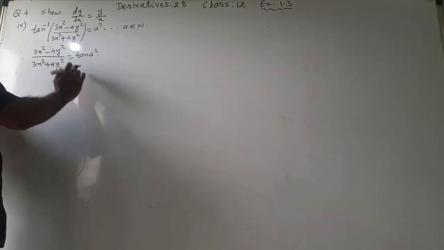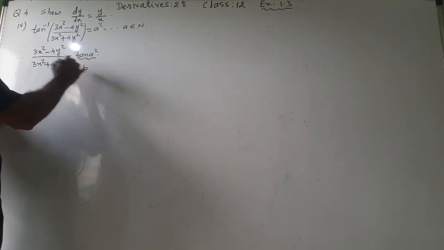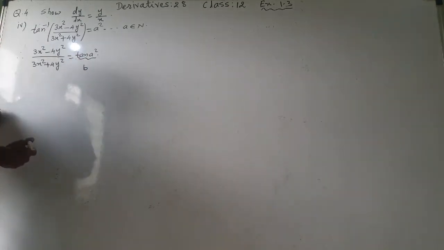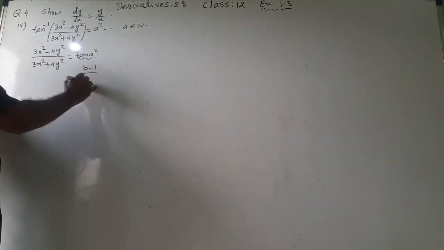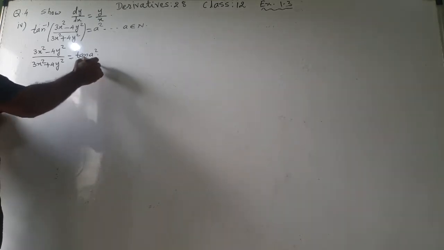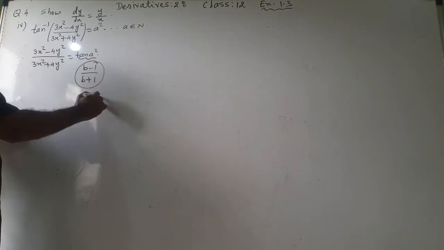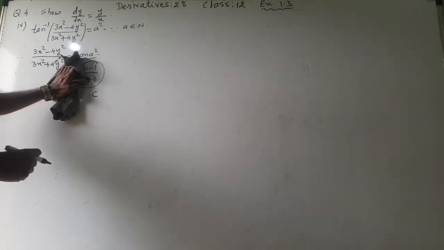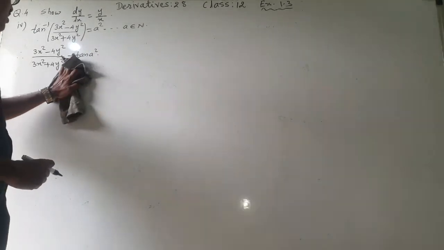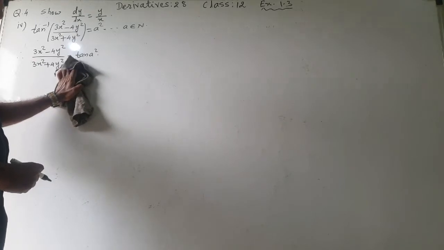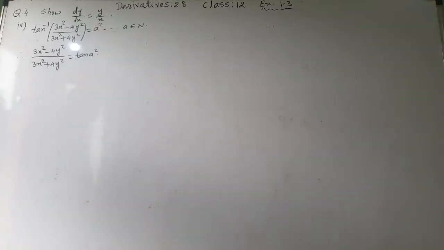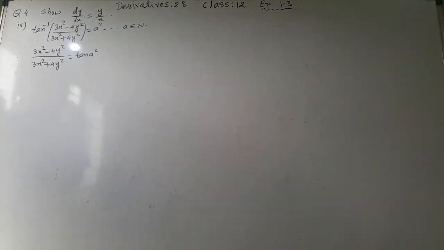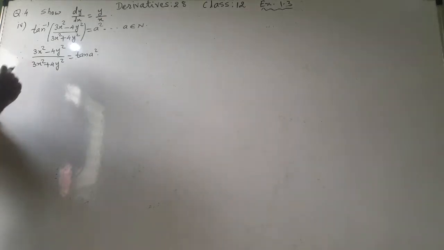First of all, for this they are putting b, and then after that b minus 1 upon b plus 1 comes, and then this is put as c. That method also I am going to explain to you. But first of all, this method, by this u upon v method, I will solve. Only one method is not sufficient, that's why I am teaching you both the methods.